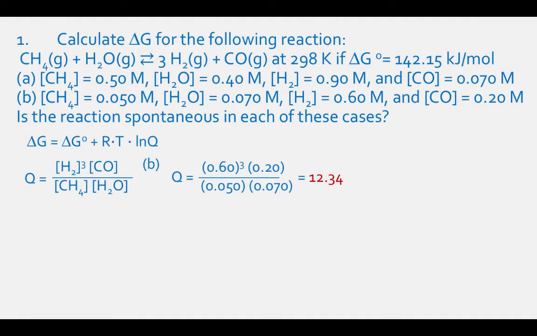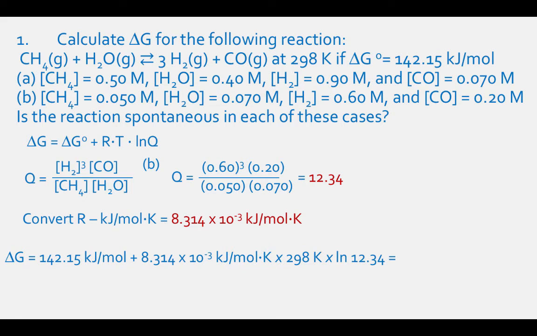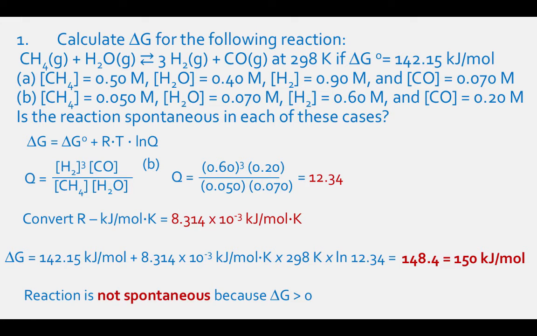We will leave our R value as 8.314 times 10 to the negative 3 kilojoules per mole times Kelvin. Now solve for delta G. Delta G equals 142.15 kilojoules per mole plus 8.314 times 10 to the negative 3 kilojoules per mole times Kelvin times 298 Kelvin times the natural log of 12.34. Our delta G equals 148.4, or, to two significant figures, 150 kilojoules per mole. This reaction is not spontaneous because the delta G is greater than 0.